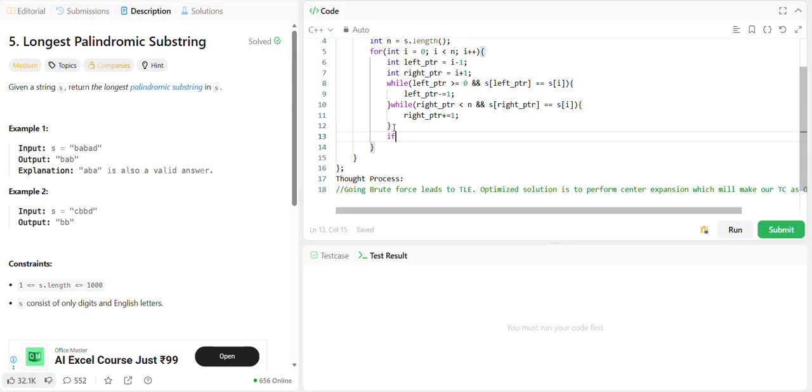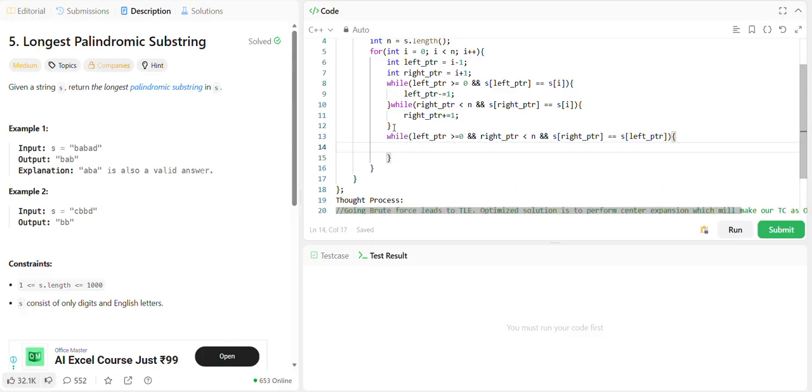Okay, now let's have here while left ptr is greater than or equal to 0, and right ptr is less than n, and s of right ptr is equal to s of left ptr.